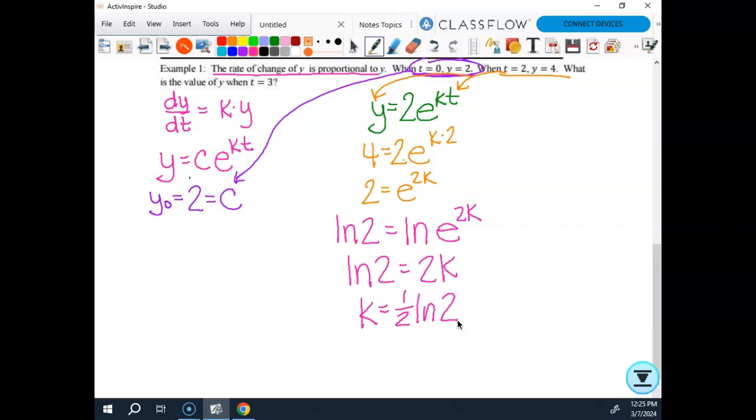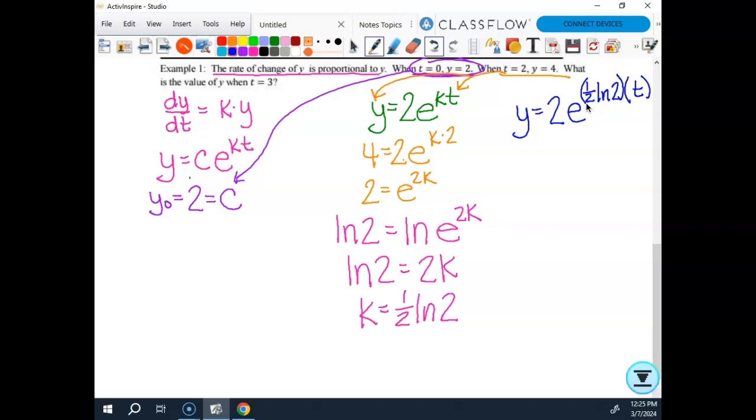All right, so now we can write our entire equation. Y is equal to, no, it's not, 2 times e. K is 1/2 times the natural log of 2 times t. Yes?